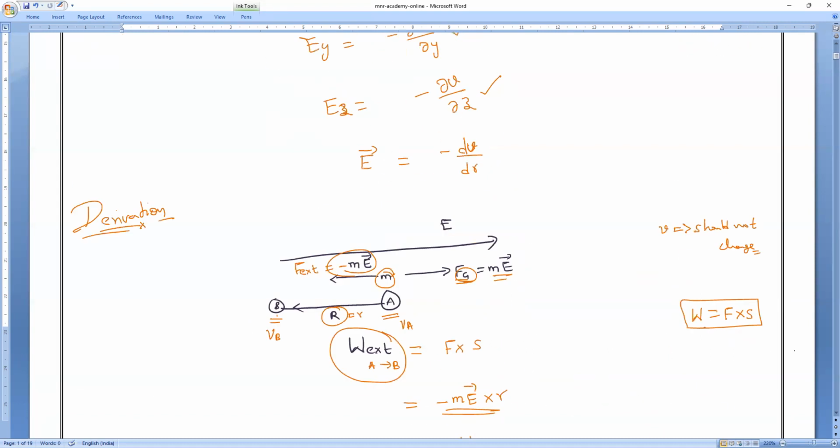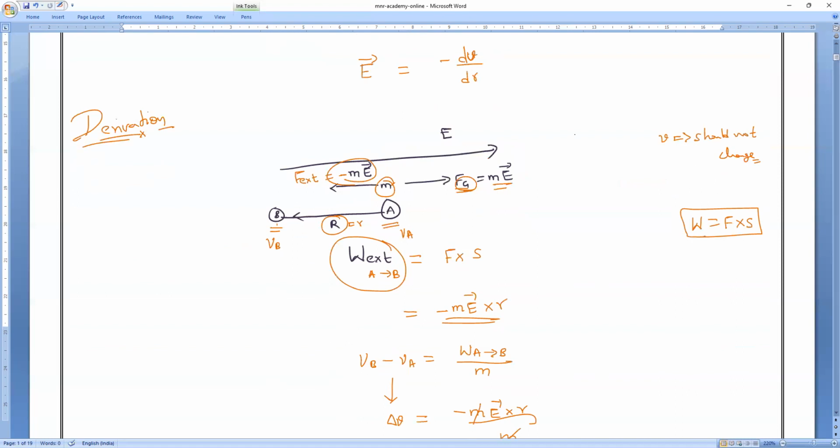Again, we are considering the gravitational field acting in a particular direction. Now I have a mass M at point A and I have to move it to point B. The force exerted due to gravity always acts in the direction of E. But the body has to move from A to B in the opposite direction, and velocity should not change.